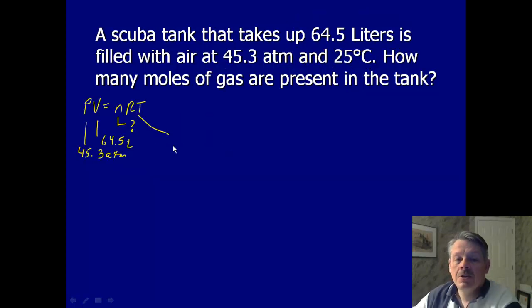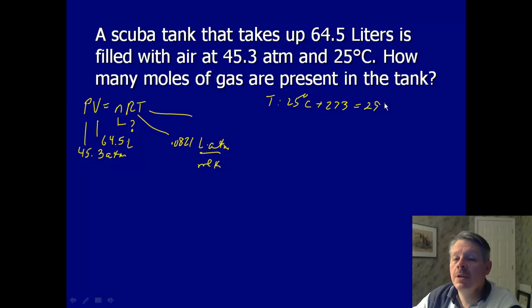So we say 0.0821, and that's in liters, atmospheres, per moles, Kelvin. And our temperature, we're in Celsius, so our temperature is 25 degrees Celsius plus 273 gives us 298 Kelvin.